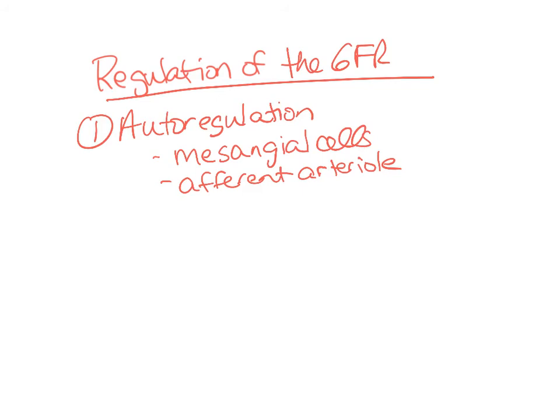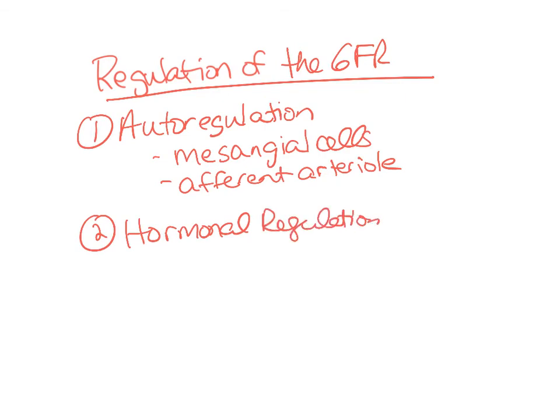And then if autoregulation is ineffective, then a wider response is going to be necessary. And so then we're going to look at the hormonal regulation. The hormonal regulation of the glomerular filtration rate includes 2 things. It includes the RAAS, which is the renin-angiotensin-aldosterone system, and it also includes the natriuretic peptides from the heart.